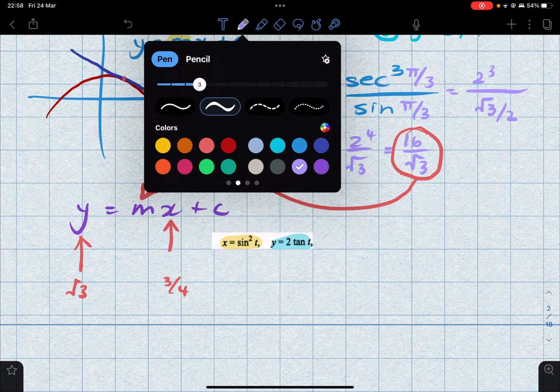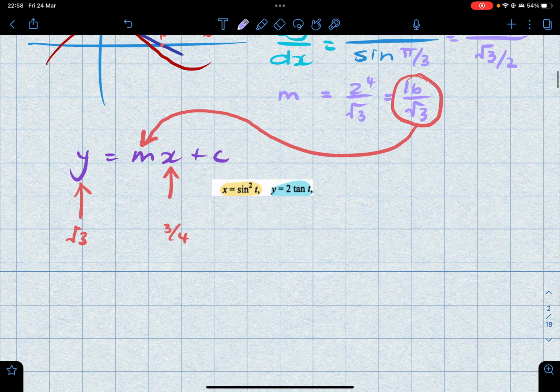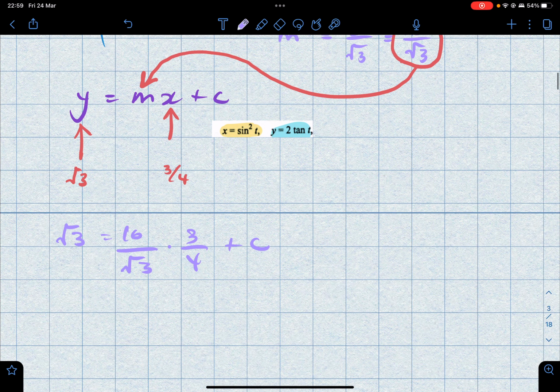So let's write this out. Root 3 equals m, which is 16 over root 3, times x, which is, I think, 3 over 4, plus c.